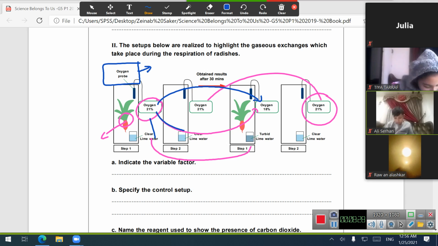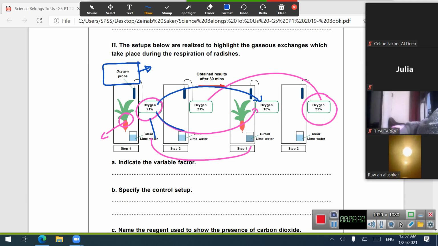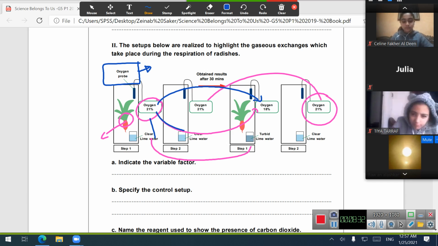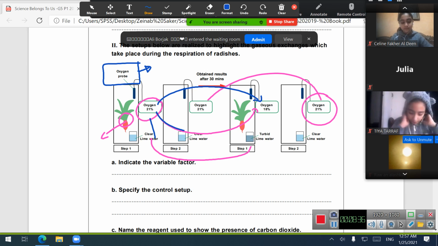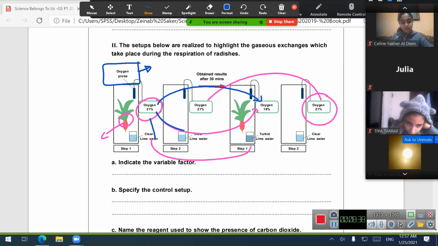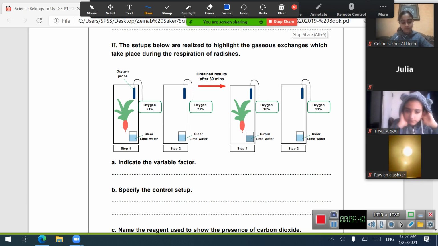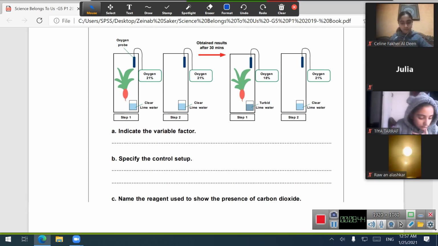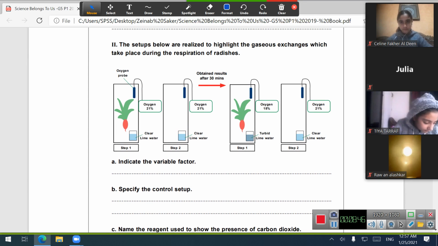So this instrument or device is used to measure the quantity of oxygen absorbed. Excellent students till now. Now, let's move to part 1 or part A. Indicate the variable factor. I will repeat what you mean by variable factor. You can please write it.